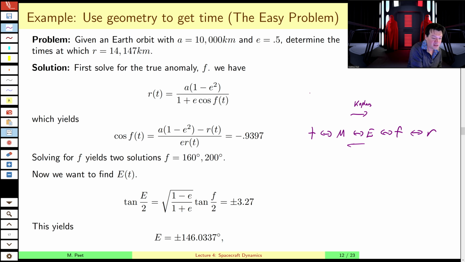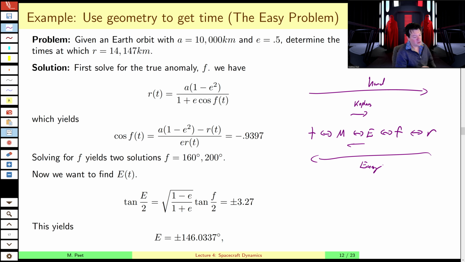Specifically, this direction is hard, and this direction is easy. So to conclude part A of this lecture, I'll just go through an example of the easy way, because it's easy. And then in part B of the lecture, we'll figure out how to solve Kepler's equation to do the hard way.